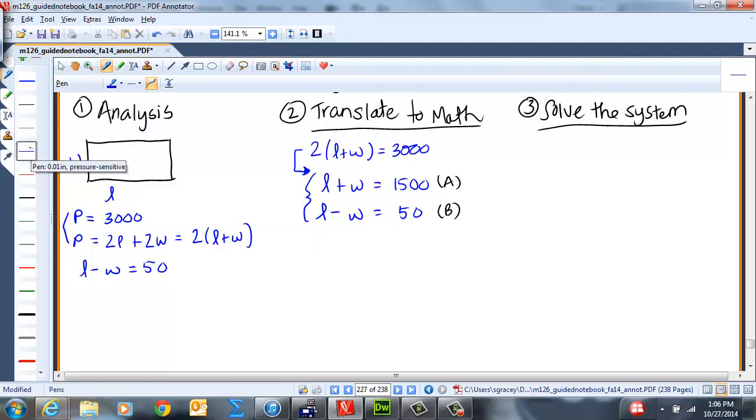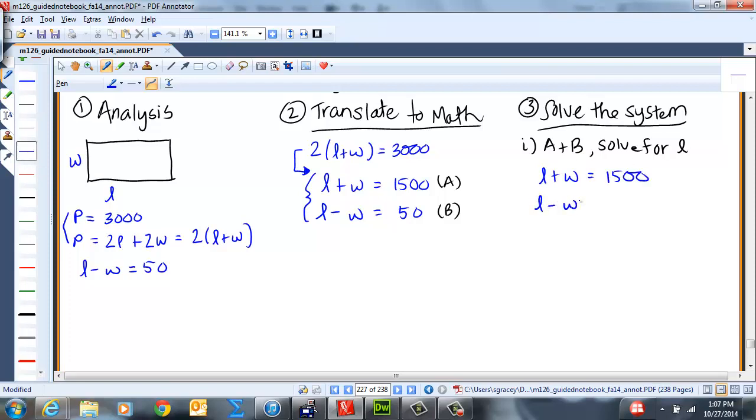So basically, for step 1, we're going to add A plus B because we have opposing coefficients on the W's. And that'll enable us to solve for the length. So L plus W is 1,500.